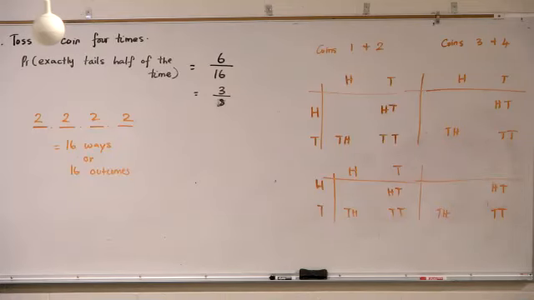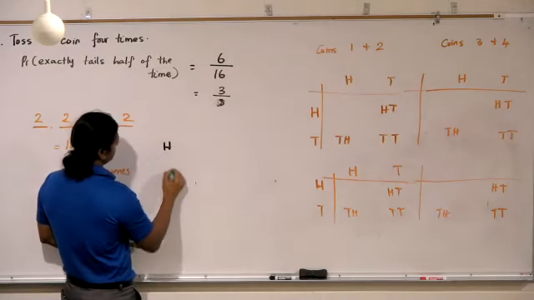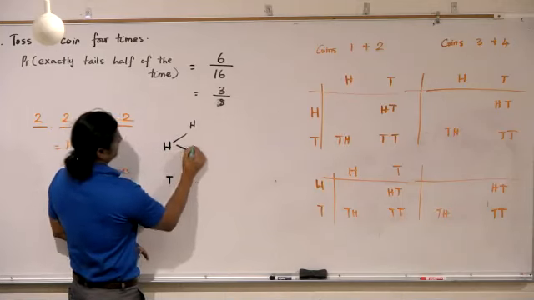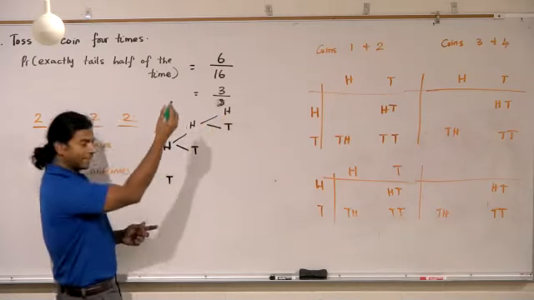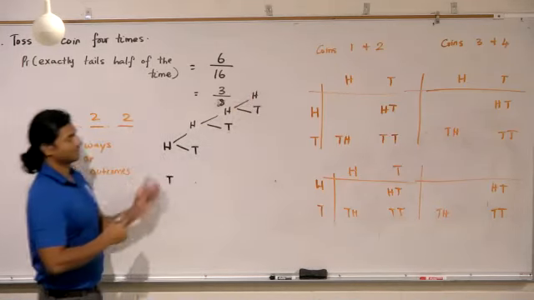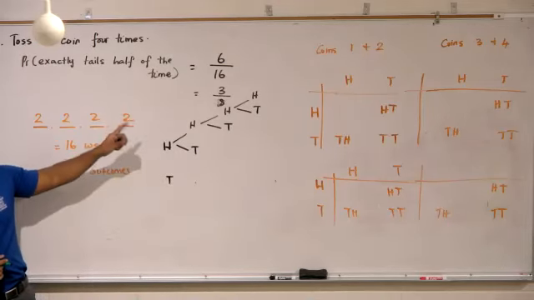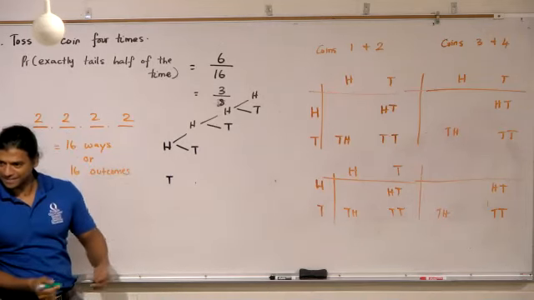Another way of doing it is drawing a tree. So you have heads, tails, heads, tails, heads, tails. You've got to continue that process for all possibilities, and you would get 16.